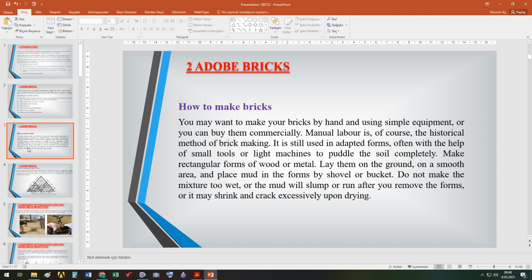It is still used in adapted forms, often with the help of small tools or light machines to puddle the soil completely. Make rectangular forms of wood or metal, lay them on the ground on a smooth area, and place mud in the forms by shovel or bucket. Do not make the mixture too wet, or the mud will slump or run after you remove the forms, or it may shrink and crack excessively upon drying.